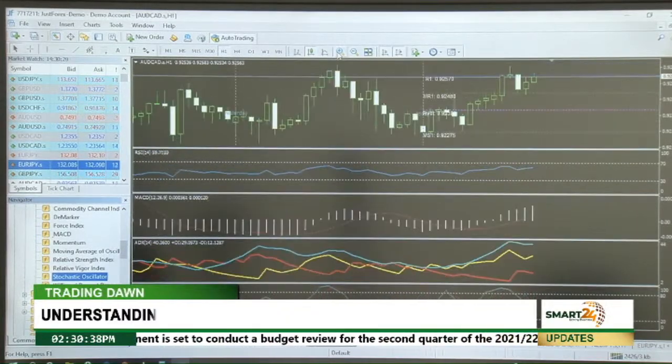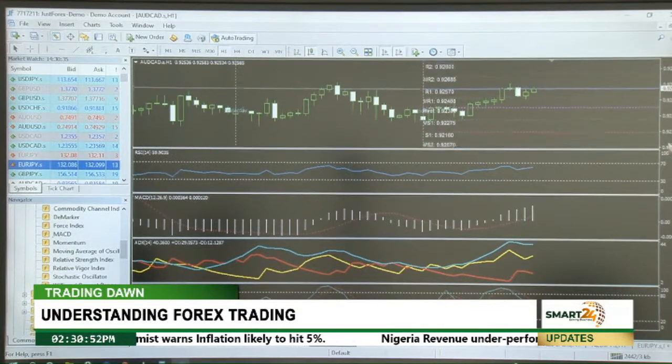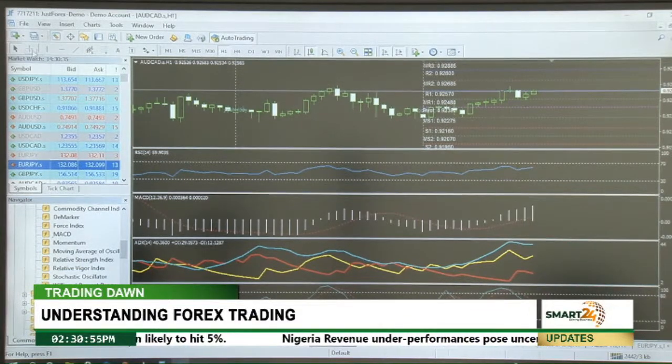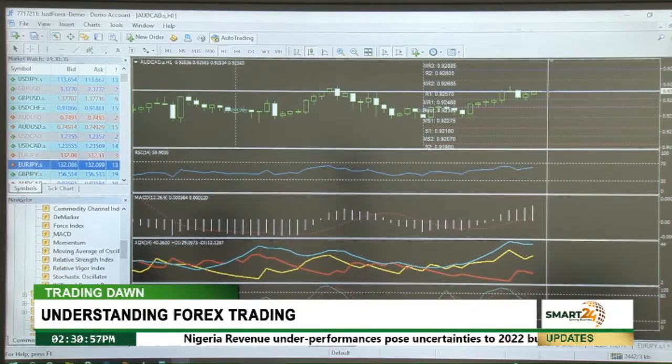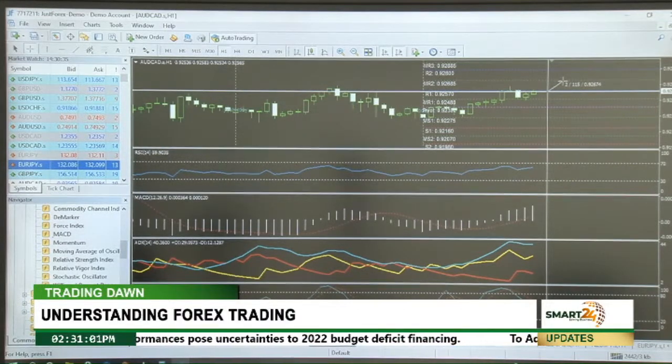But for the chart itself, it's being resisted at resistance 1 of the daily pivot points. So there we can wait for price to break and maybe continue buying to resistance 2. The pips to the medium resistance are about 12 pips.